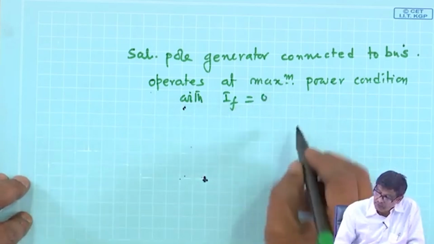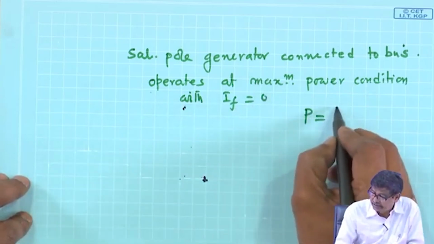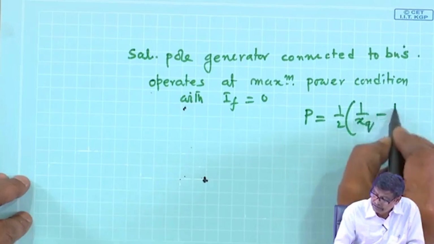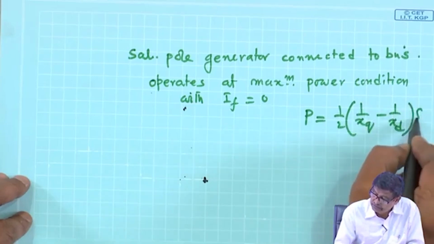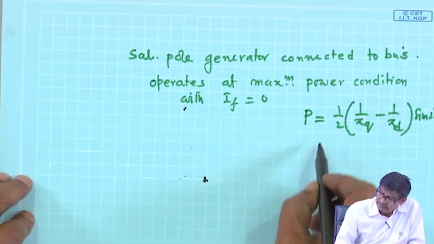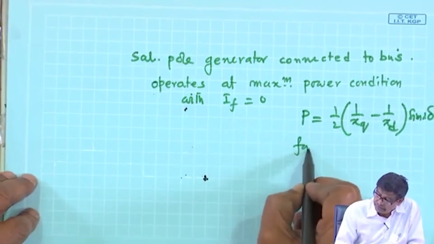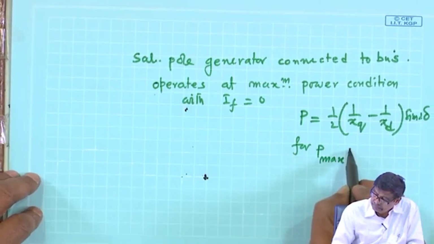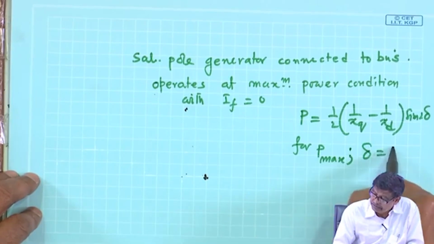Then what do I do? The expression for power in such a case is half times 1 by XQ minus 1 by XD, times sin 2 delta. So in this case, for P max, delta must be 45 degrees.